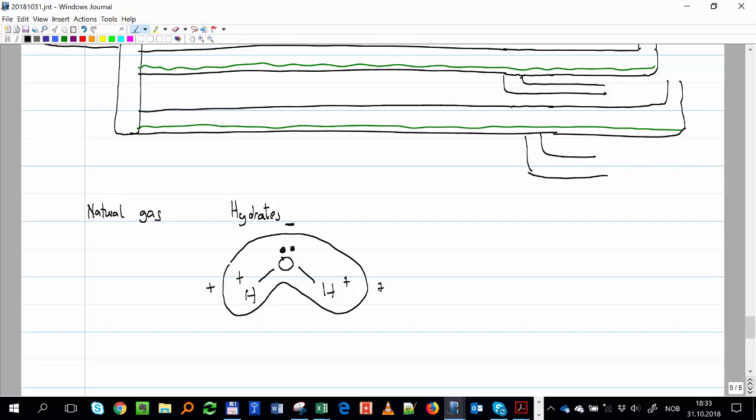Because of that uniqueness, it can pair up with another oxygen, and form this hydrogen bonding. They don't exactly become one compound, but they have some affinity and start to form some sort of a structure between all water molecules.